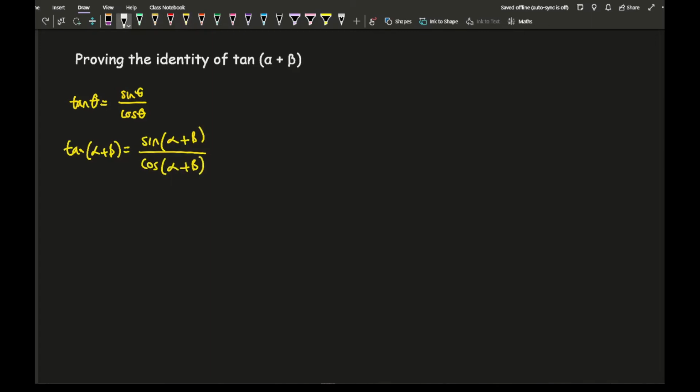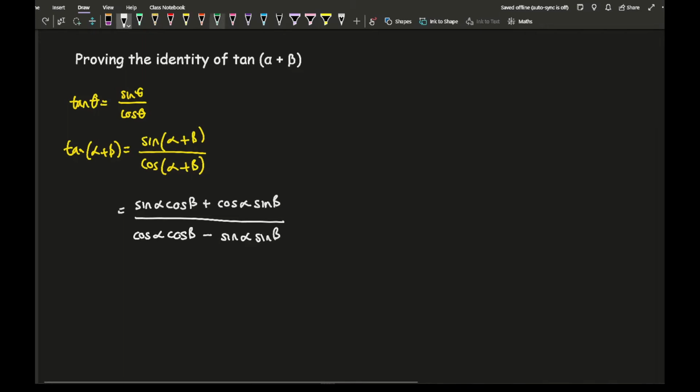Now if I use the trig identities that we've already proved, sine alpha plus beta can be written as sine alpha cos beta plus cos alpha sine beta, and I can write cos alpha plus beta as cos alpha cos beta minus sine alpha sine beta.